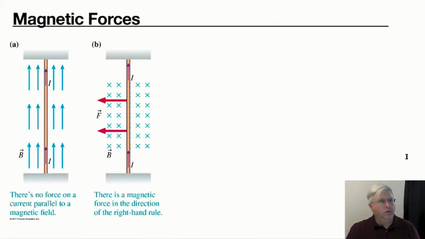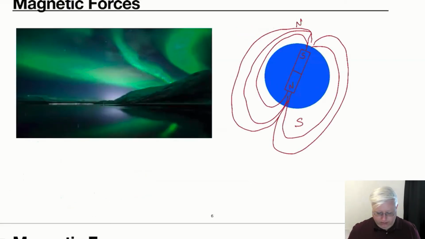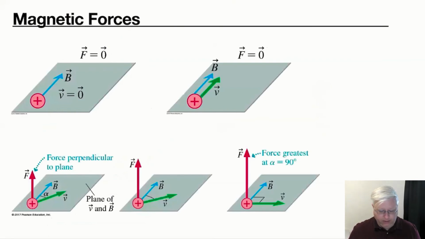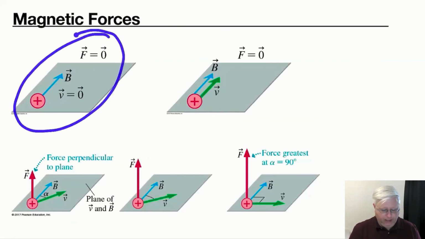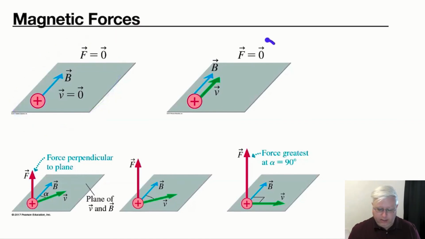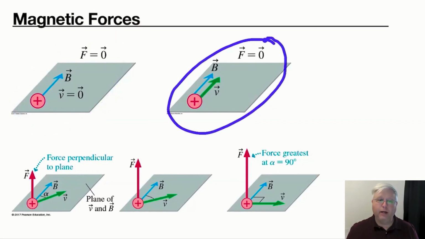Okay, so a current carrying wire is also going to create a magnetic field, and there's also going to be a force from it. But if you recall, back here when we said if the magnetic field is in the same direction as the charged particles, then there's no force that's going to happen.